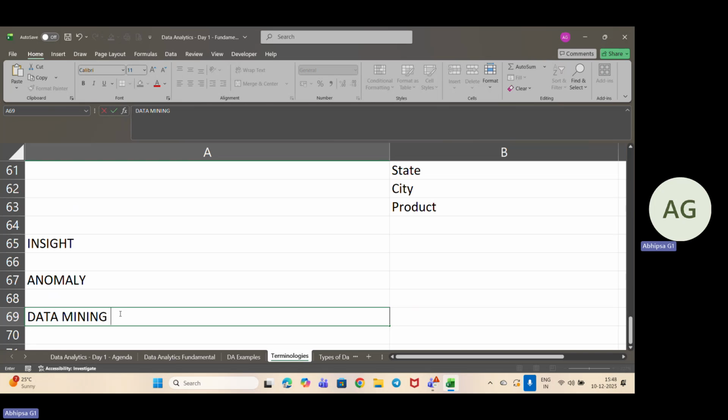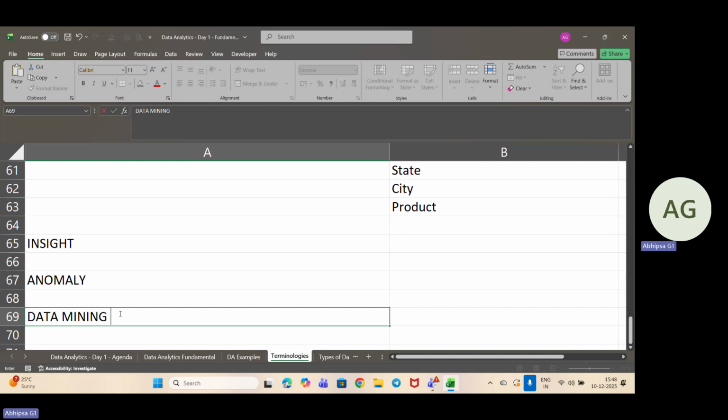Suppose there is a grocery shop situated beside a toy shop. Any of the children who are coming to the toy shop are most likely to visit the grocery shop. And there is a very common trend that the children who buy chips are also likely to buy a cold drink along with the chips.